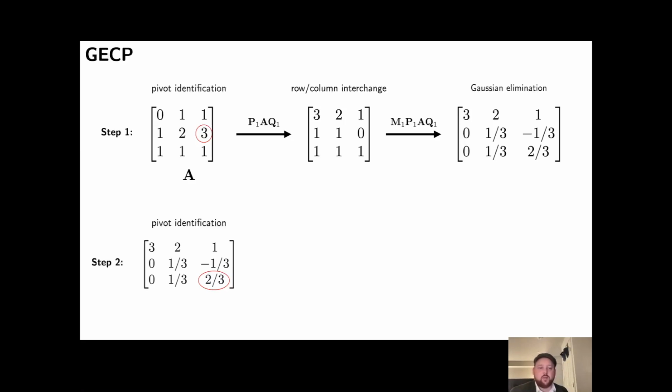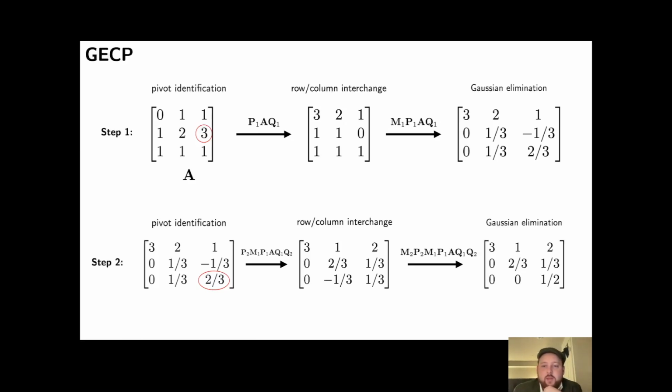In this case, we look at that 2x2 submatrix, and 2/3 is the entry with the largest magnitude, so we want to take that 2/3 and bring it into the pivot position. You can do this by using another row interchange and then another column interchange. And that's how you get the 2/3 into the pivot position.